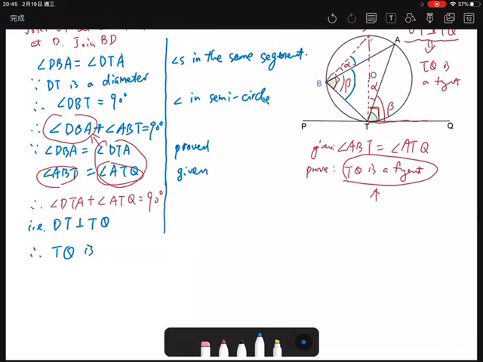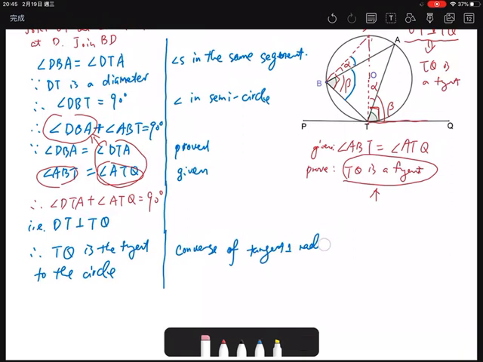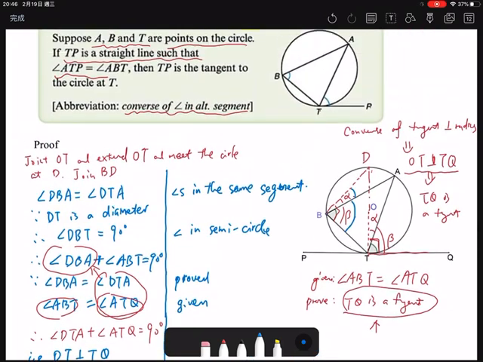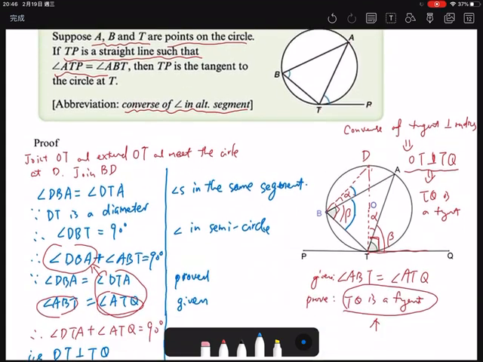So TQ is the tangent to the circle. The reason is converse of tangent perpendicular to radius. All right. So this is the proof of theorem 2.6.